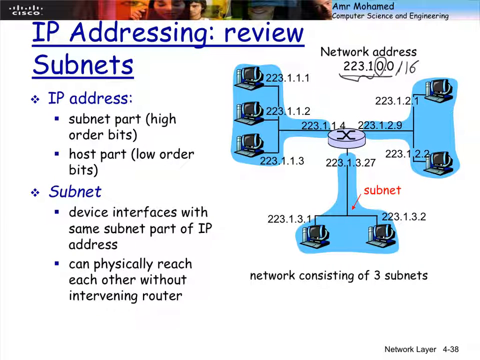I can use, for example, these 8 bits to give a subnet number. So this network will be 223.1.1, this one 223.1.2, this 223.1.3, and so on. So I can divide my big network into subnets.